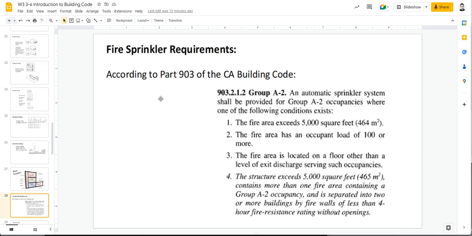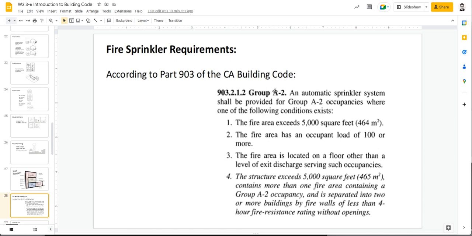Fire sprinkler requirements are something that you need to think about early on, and generally, you need fire sprinklers for businesses, unless the business is very small. So here are the categories where an automatic sprinkler system will be provided.